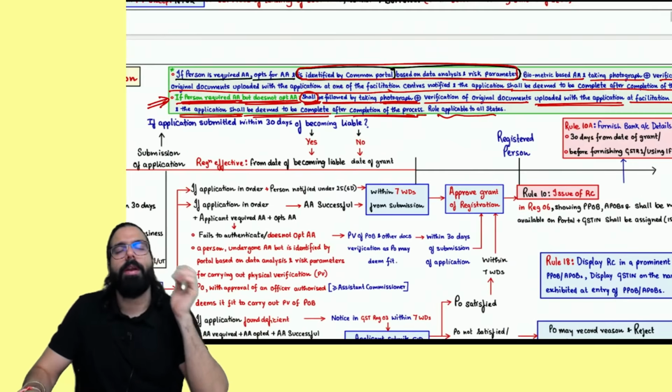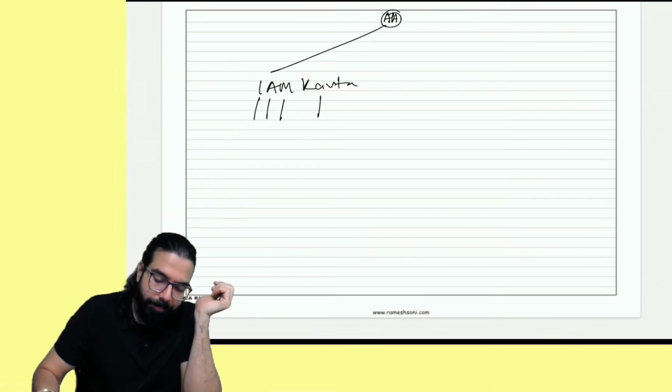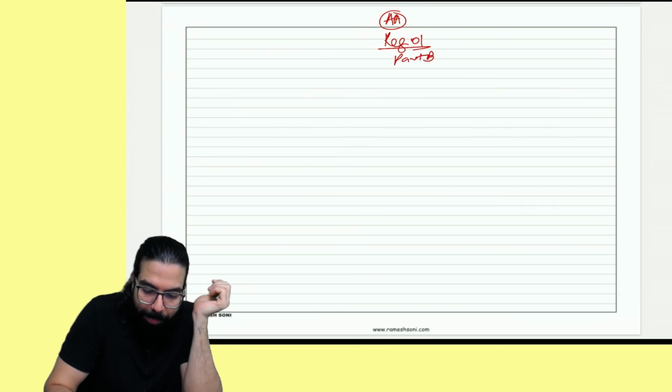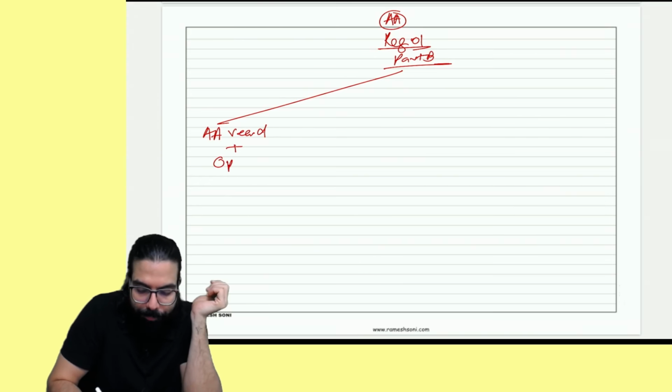Please tell me one thing, everyone. Aadhaar authentication, correct? When I submitted GST REG-01 Part B, Aadhaar authentication required plus opted also.